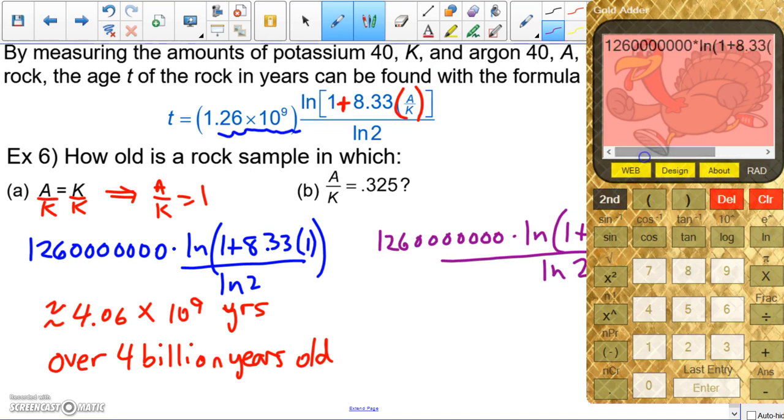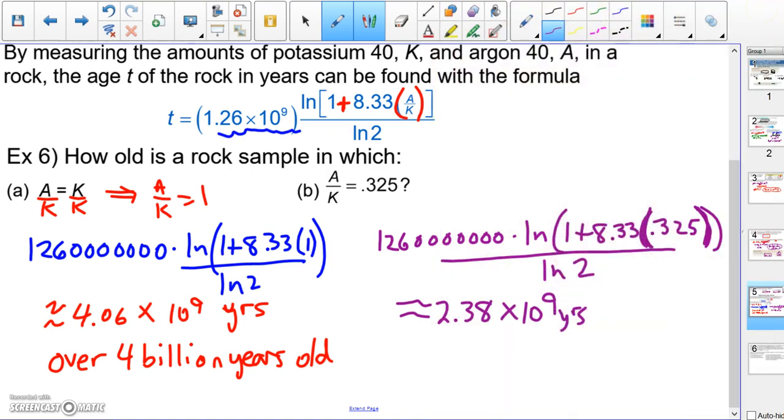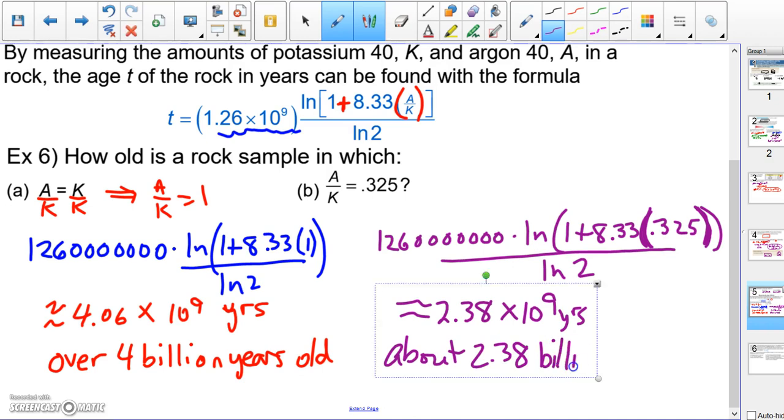That's going to be about 2.38 times 10 to the 9th power. So again, we're talking about billions of years. About 2.38 billion years old.